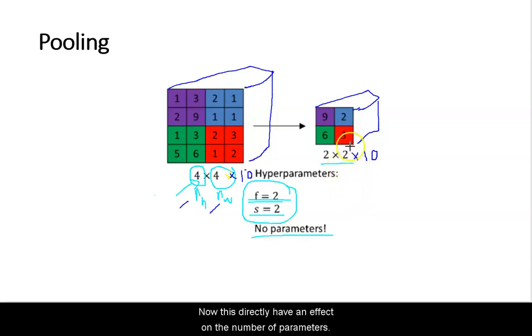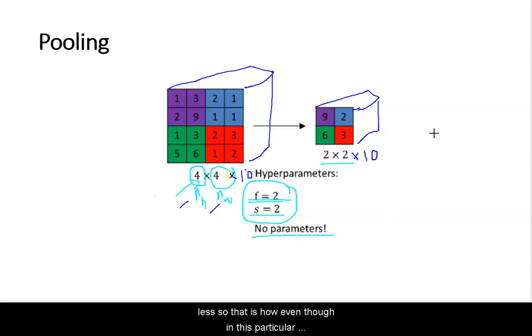Now, this directly has an effect on the number of parameters that my network has to learn when we move towards flattening this image to be fed into a fully connected neural network, right? So at that point, we can understand that the number of parameters which my fully connected neural network has to learn in order to perform the classification operation will be less.